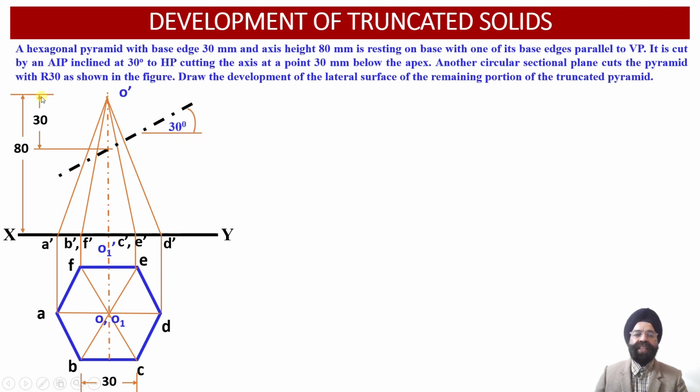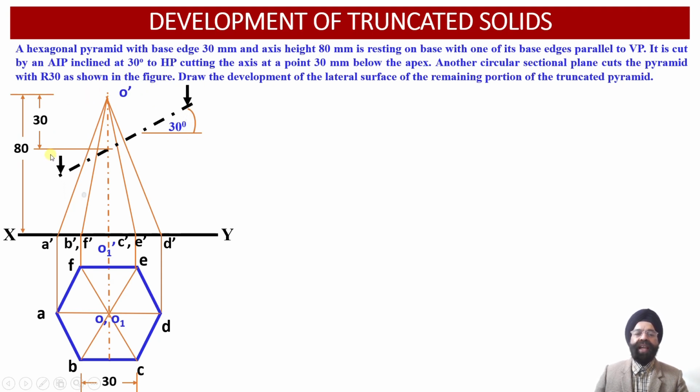So we have marked a distance of 30 millimeter below the apex. So this point we have evaluated on the axis over here. So through this point on the axis, which is lying 30 millimeter below the apex, an auxiliary inclined plane inclined at an angle of 30 degrees with respect to the horizontal plane passes through this hexagonal pyramid. So this portion of the hexagonal pyramid or the solid has been removed by this auxiliary inclined plane.